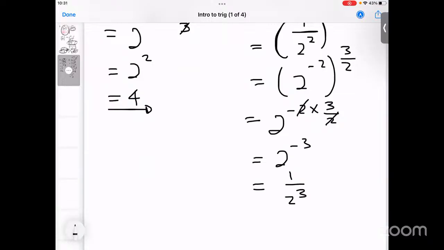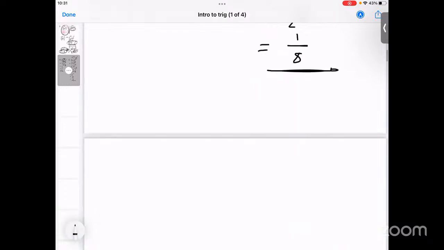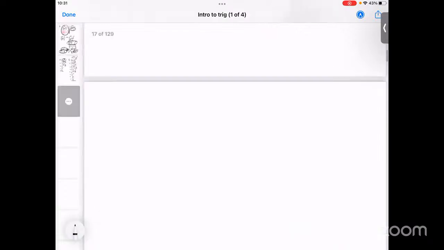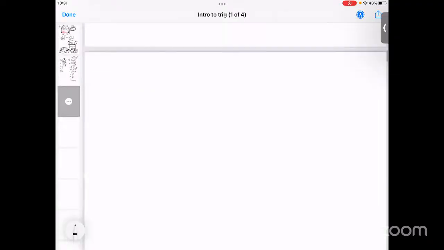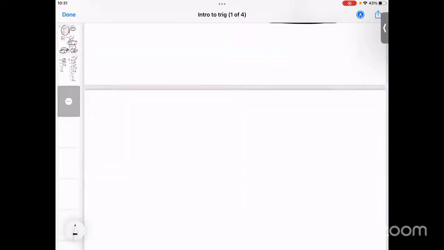We don't want a negative exponent. That's why you have to rewrite it this way. I hope that part makes some sense. So yes, I've got some nice work for you to do. Learn from there.